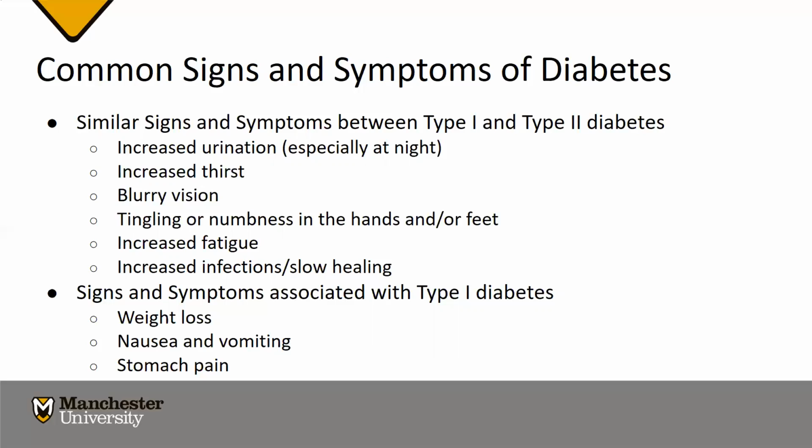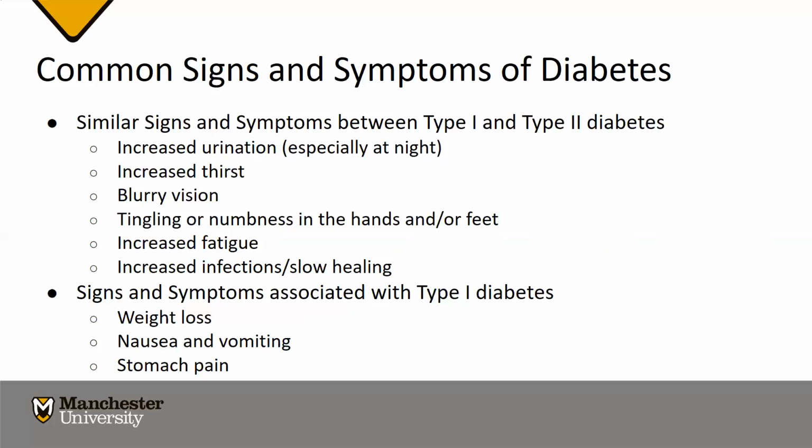You usually get increased hunger. You get blurry vision. Again, that goes back to your eyes being affected by diabetes, and then tingling and numbness in your hands and feet. Again, nerve damage happens, and that's why that condition can happen for patients.